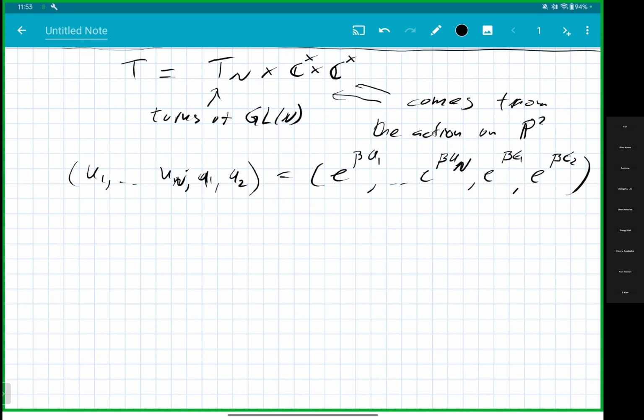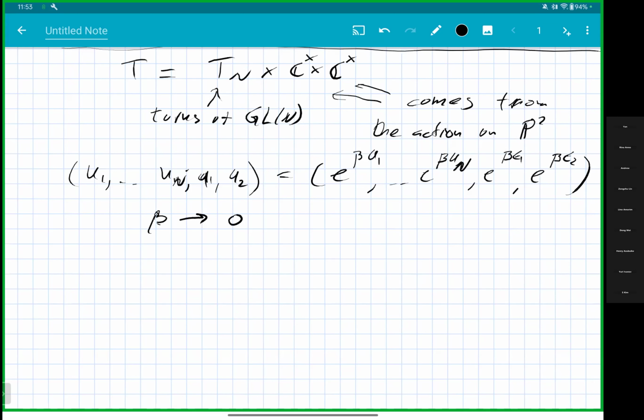So I will always write formulas for equivariant K-theory, and when you get the final concrete formula, we could always obtain the answer for cohomology just by taking the limit beta goes to 0 in the formula.